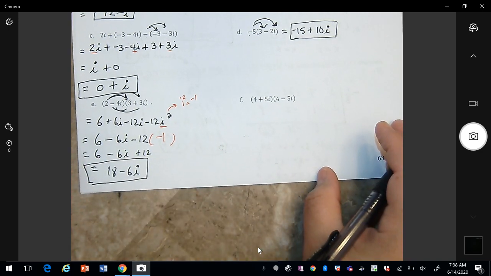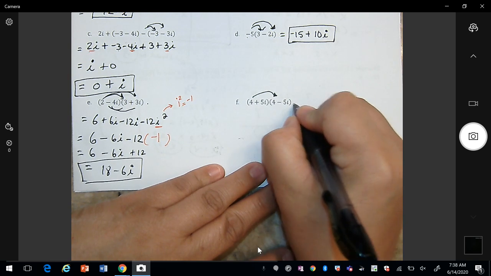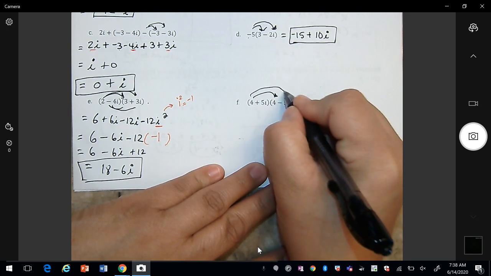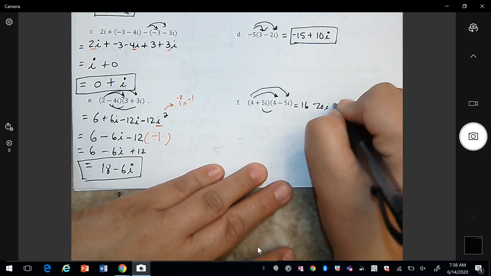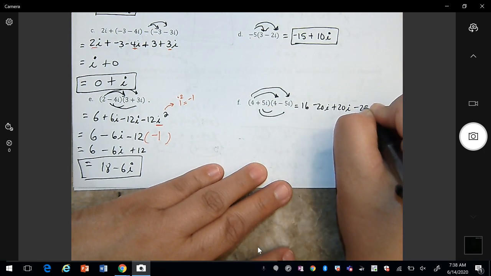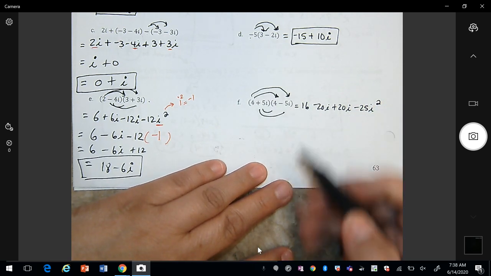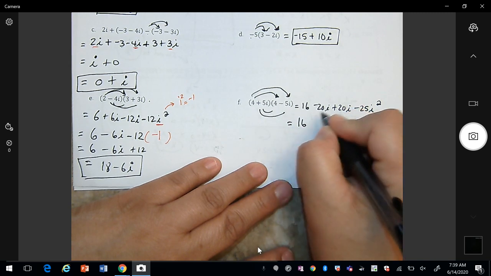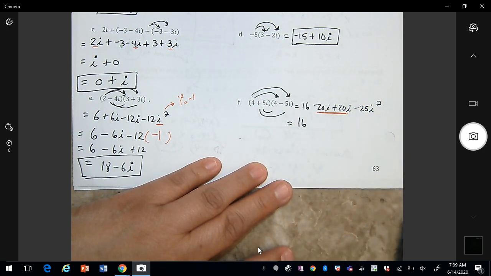4 times 4 is 16. 4 times negative 5 is negative 20i plus 20i minus 25i squared. Notice here that these are going to become 0.